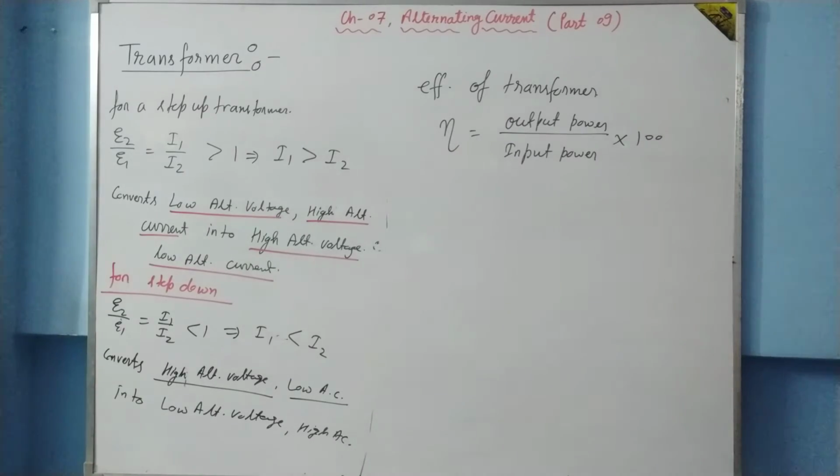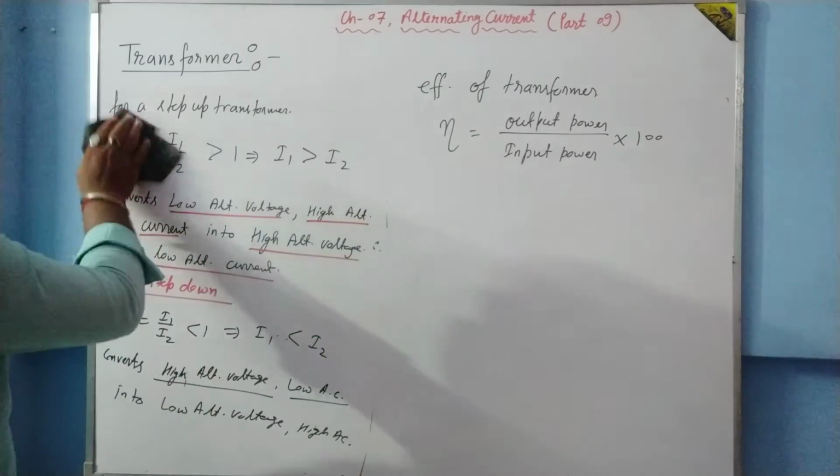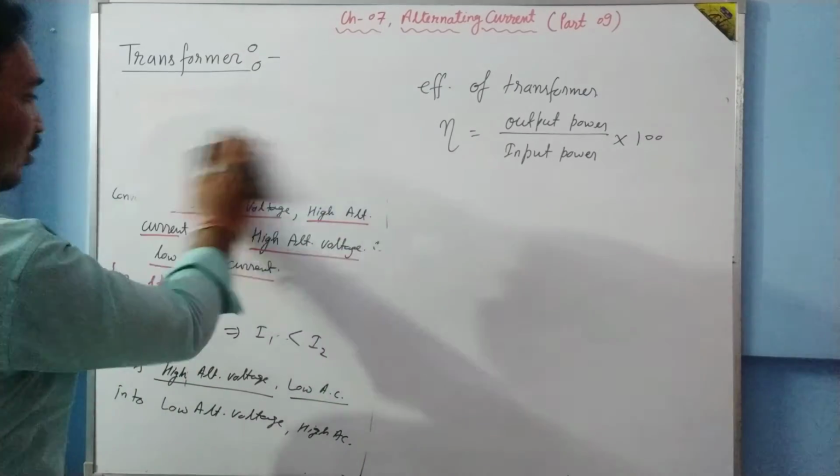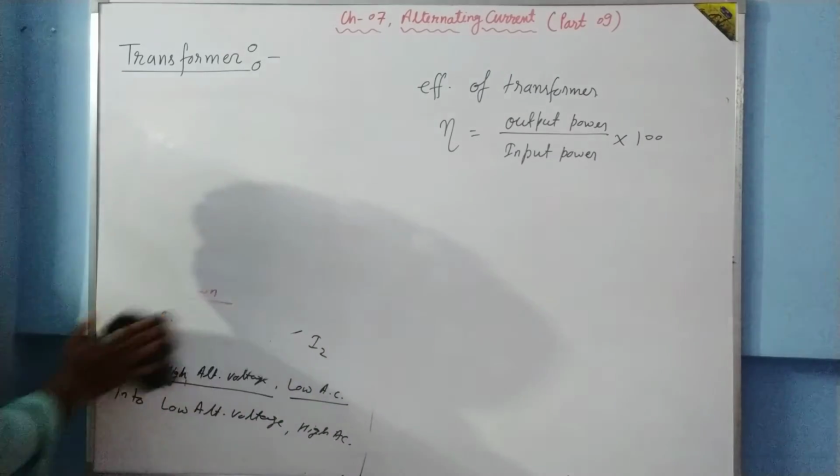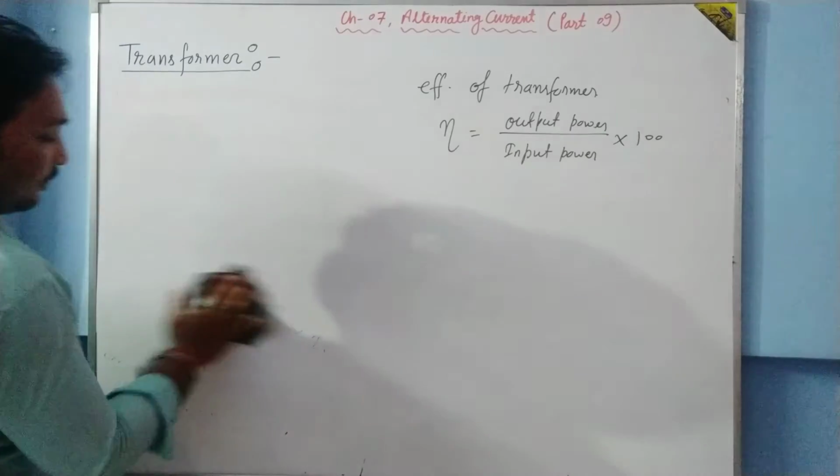A very good transformer has a percentage efficiency above 90, but it cannot be 100. 100 is quite ideal and we cannot achieve that. Is it clear? So this is about the transformer, but there is some power loss also. Why can it not be 100? There are some reasons, and let us discuss them one by one.